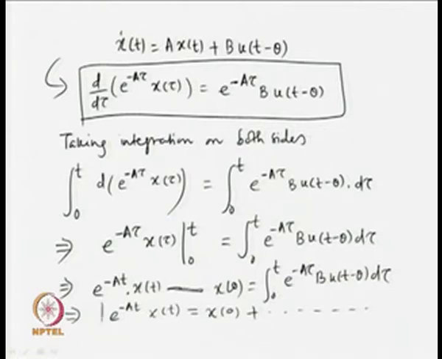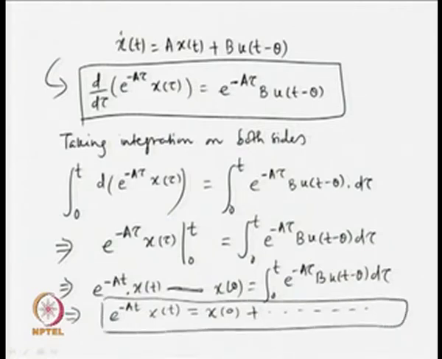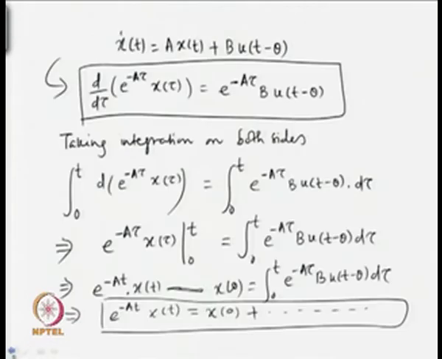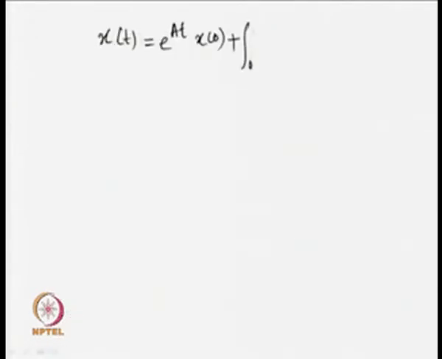Then when both sides of this equation are multiplied with e to the power a t, we will get in the left hand side x t, but in the right hand side it will be e to the power a t x 0 plus integration from 0 to t e to the power a t minus tau b u tau minus theta d tau.